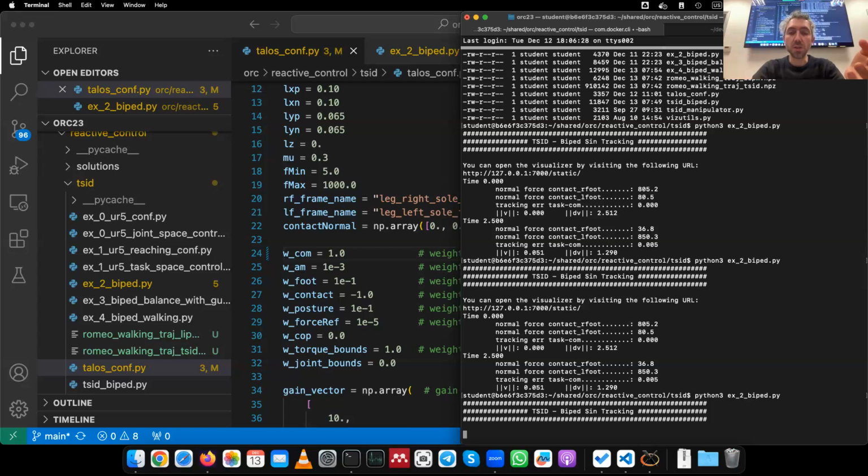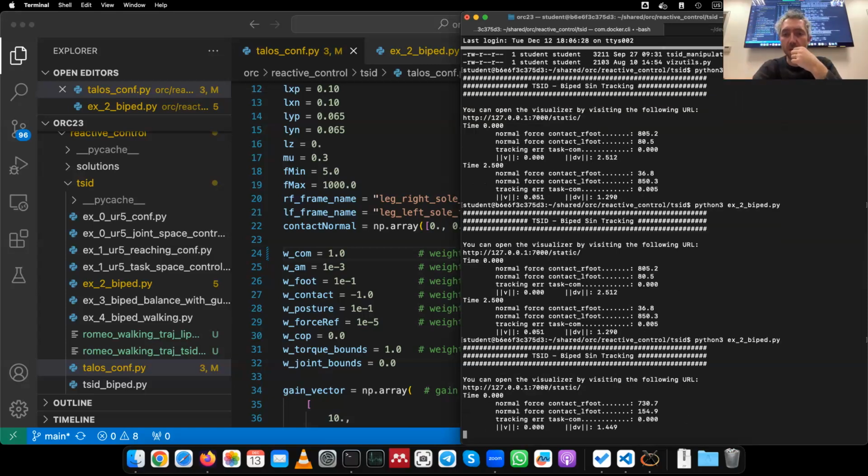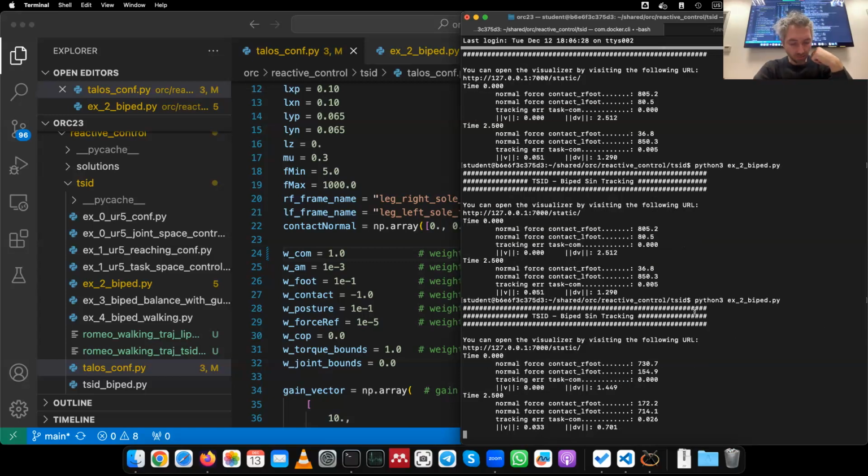What we should expect is that now the postural task is more important, and so we're going to have a lower quality tracking. Probably this was already the starting point yesterday, now that I think about it. So we already did the first point of changing the weight, but it doesn't hurt to do it one more time.